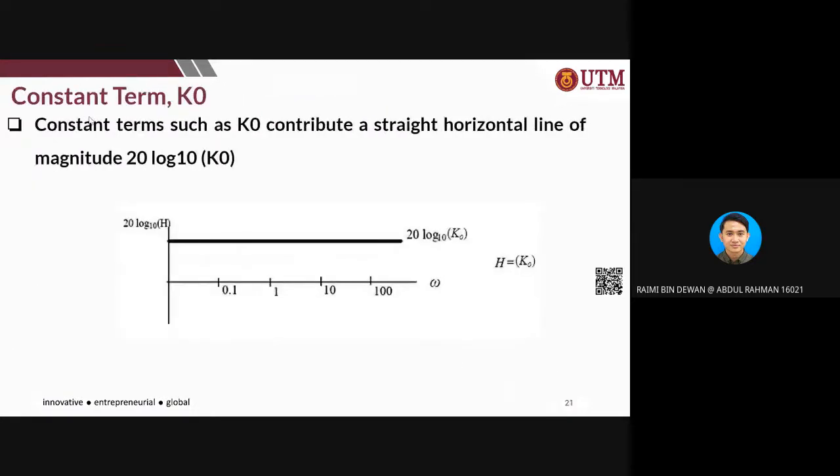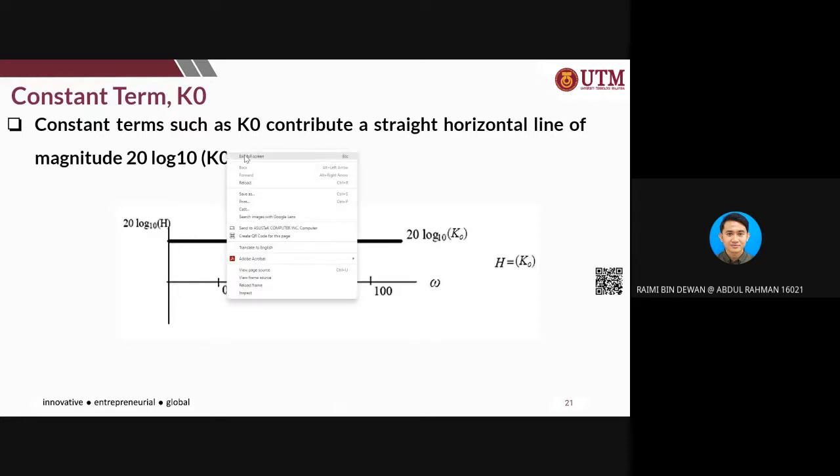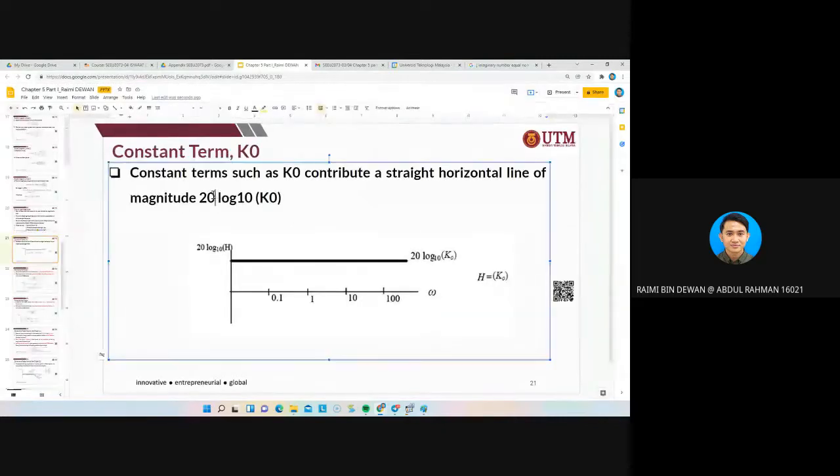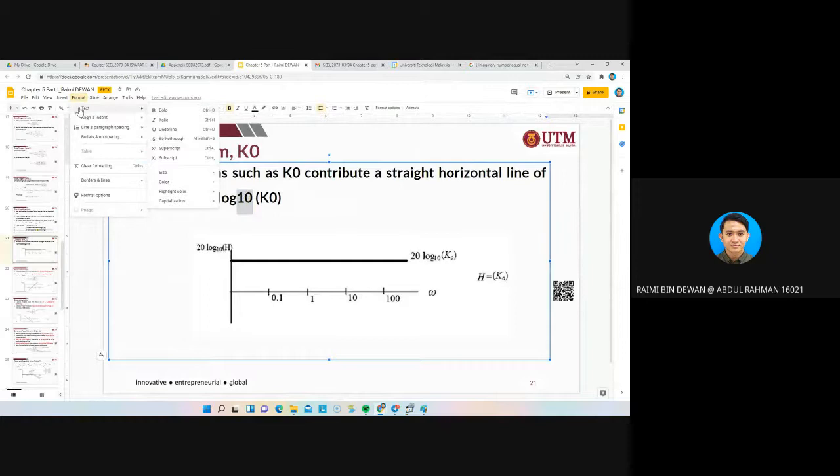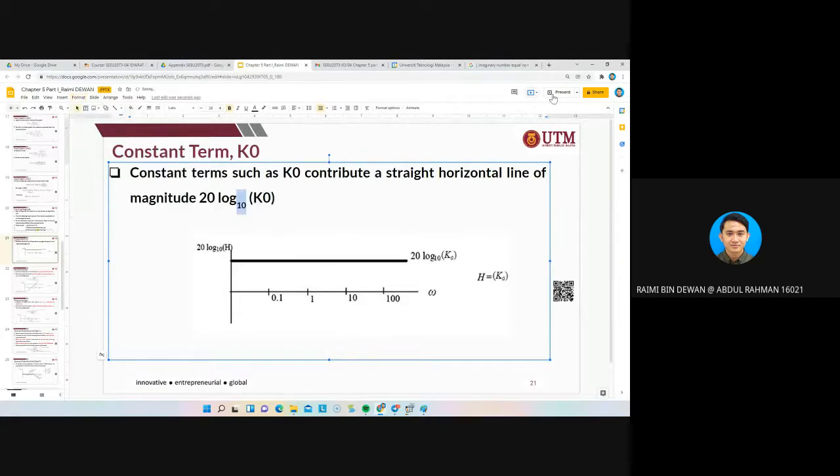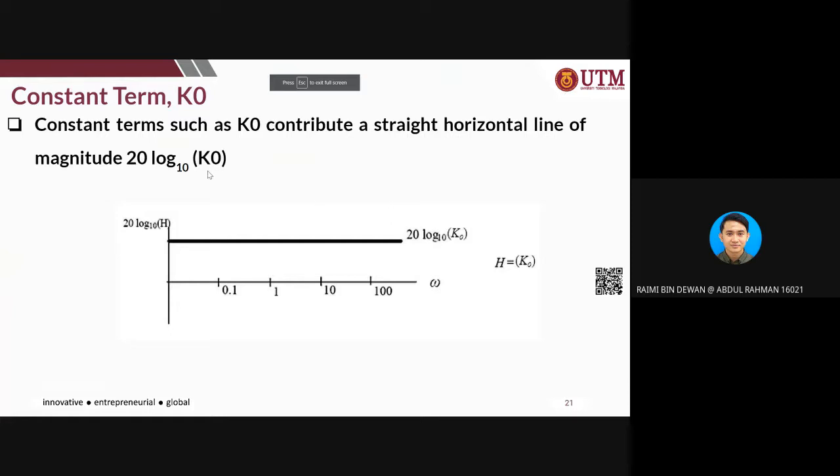For the constant term, such as K naught, because it only consists of numbers, a constant, it contributes a straight horizontal line of magnitude 20 log K naught.